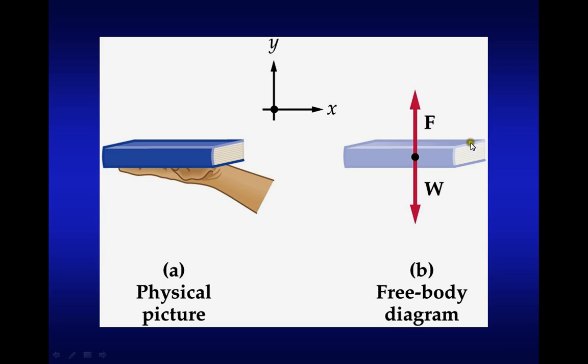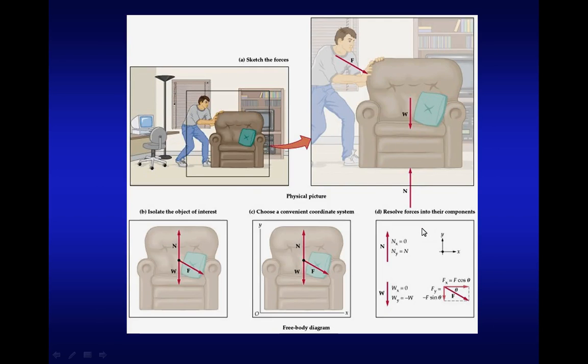In this case, they're equal and opposite to each other. So we have a vector going up in the positive y-axis and a vector going down in the negative y-axis. And if the book isn't moving, then the net force on the book is 0, meaning that the upward acting force is equal to the downward acting force. And we have a free body diagram.